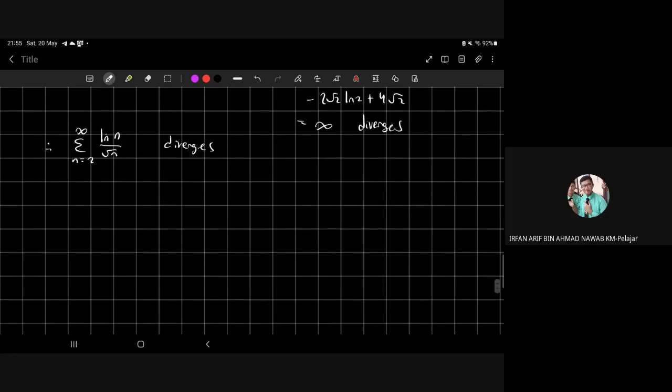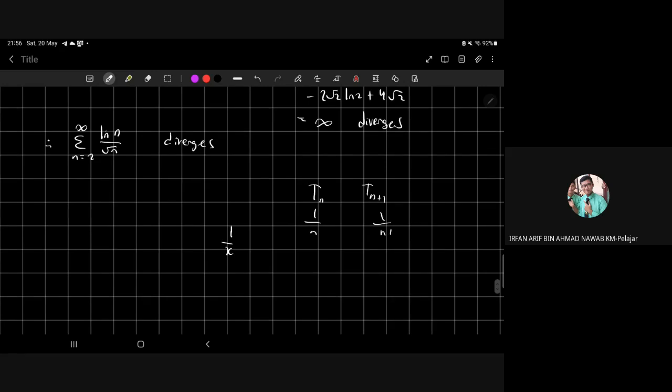So let's say you have 1/x, and you want to show that the term t subscript n will always be larger than or equal to t subscript n plus 1. The way we show it is by writing down 1 over n and 1 over n plus 1.